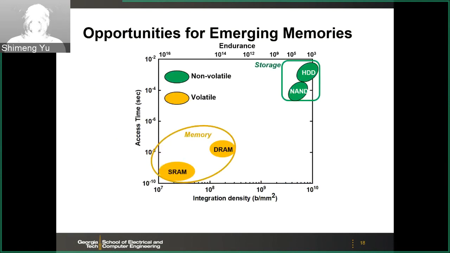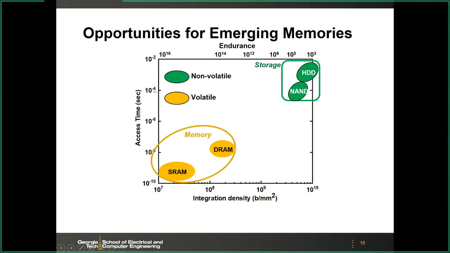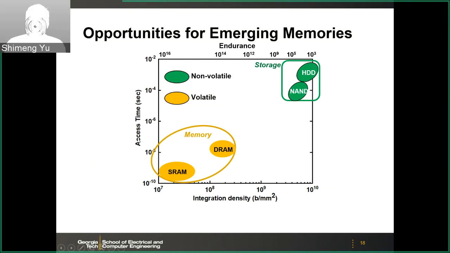Let's use this chart to discuss the opportunities for emerging memories. Here we show the trade-off between latency, access time in seconds, versus density, in bits per square millimeter.